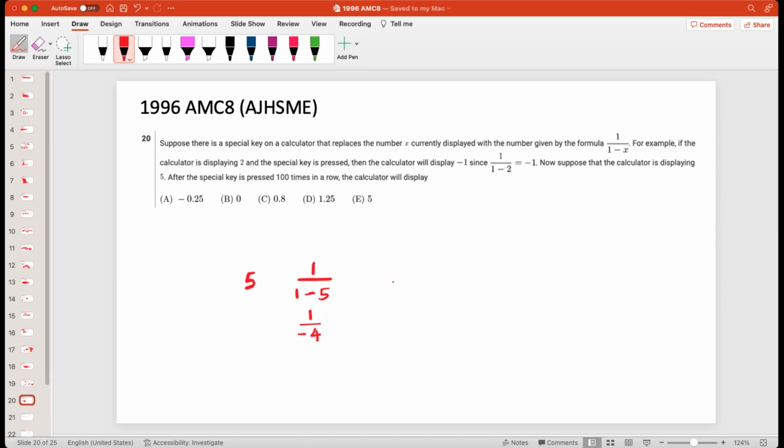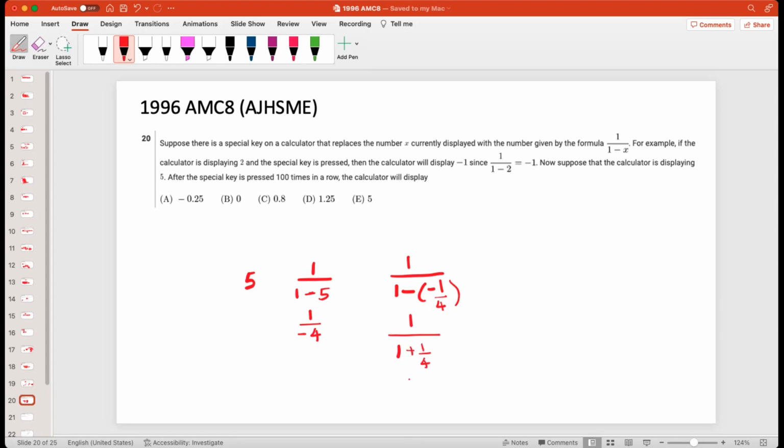Now again I'm going to press. So it's going to do 1 by 1 minus minus 1 by 4, correct? So this will be nothing but 1 by 1 plus 1 by 4.